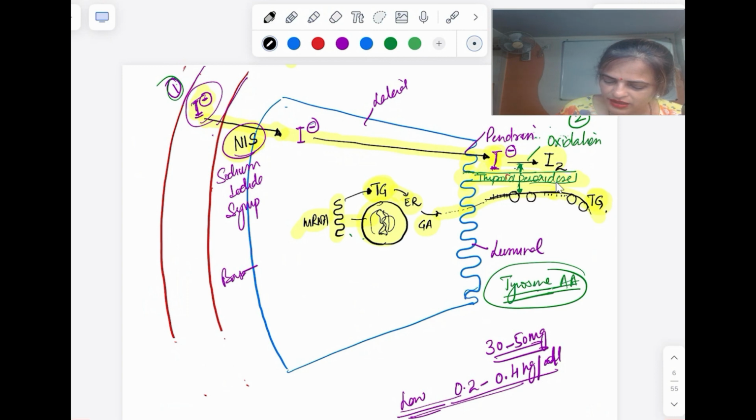These are different types of amino acids. Here in the circular form, I have shown the tyrosine. Now the next step: what happens to this iodine after oxidation? It gets bound to this tyrosine. The iodine comes and attaches here. In some places one will attach, in some places two will attach. Okay.